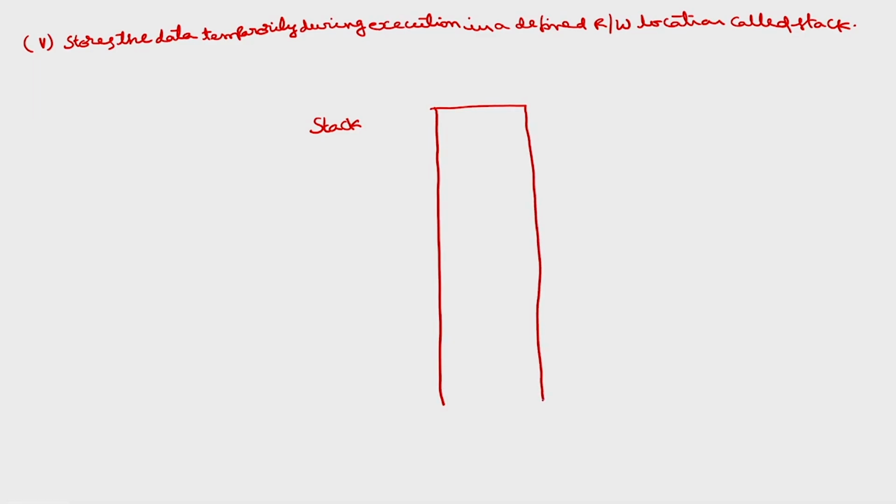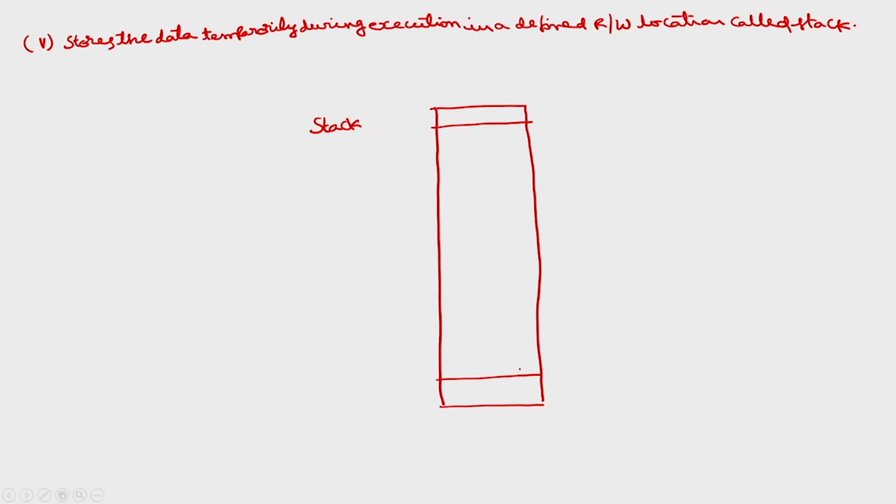So, first I will explain the purpose of the stack pointer and stack in microprocessors. We know that in 8086 there is a stack segment. If I assume that this is the stack segment, this is the starting of the stack segment and this is the ending.